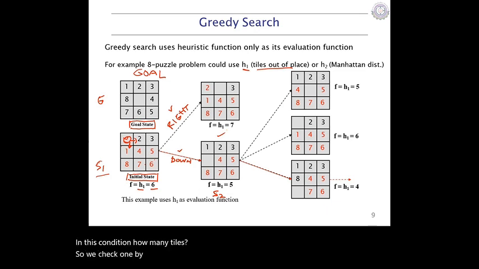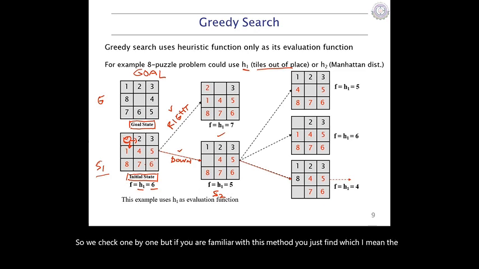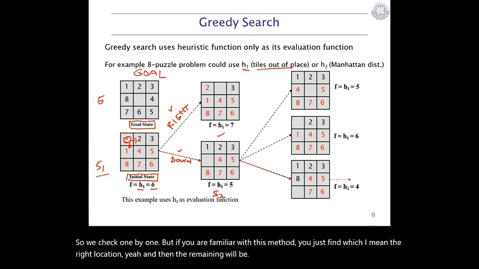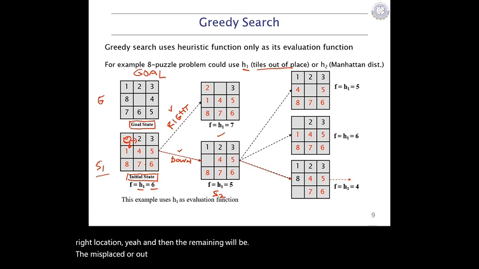But if you are familiar with this method, you can just find which tiles are in the right location, and then the remaining ones will be the misplaced or out of place tiles.